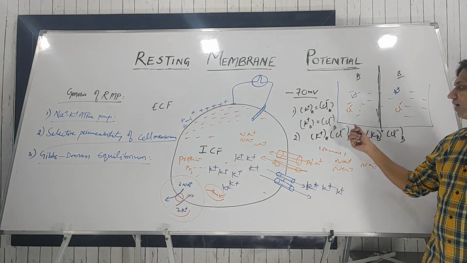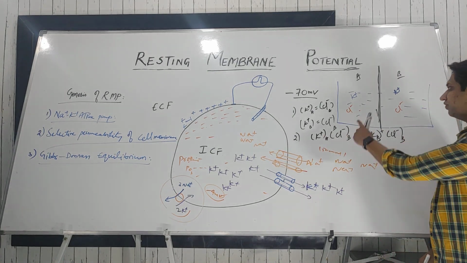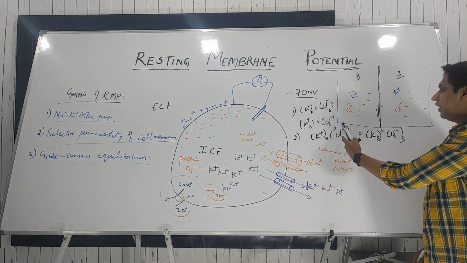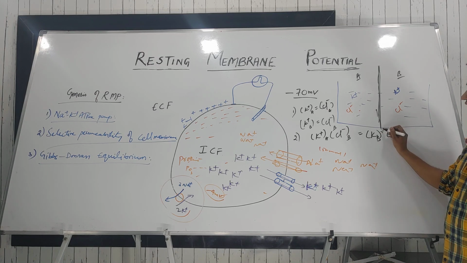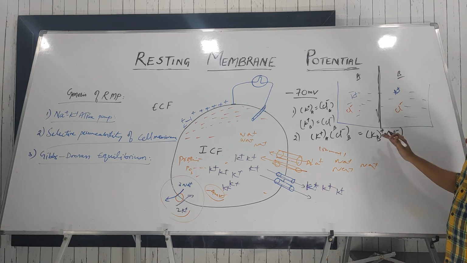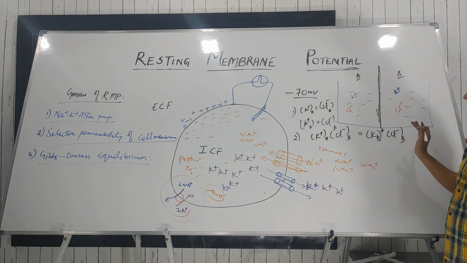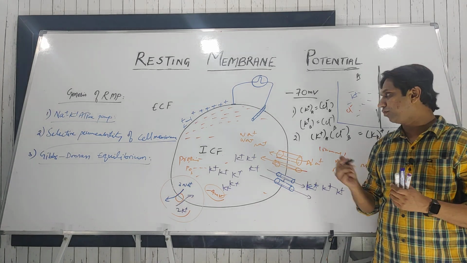So in this example, concentration of potassium on side A multiplied by concentration of chloride on side A will be equal to the concentration of potassium on side B multiplied by the concentration of chloride on side B. So this is Gibbs-Donnan equilibrium.